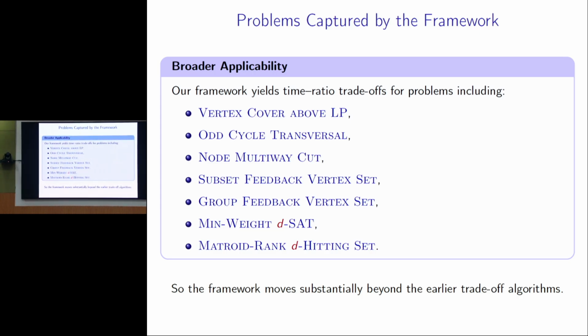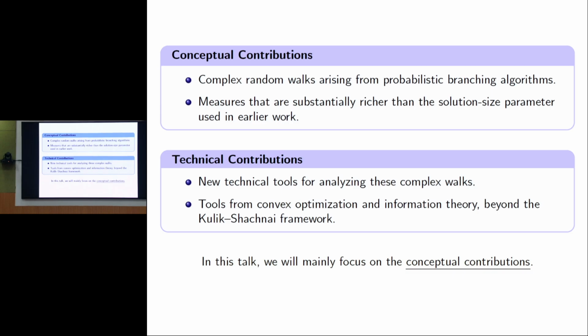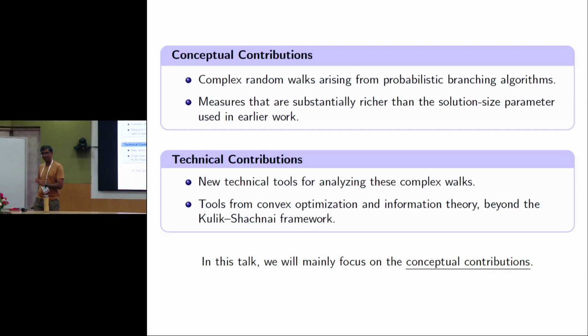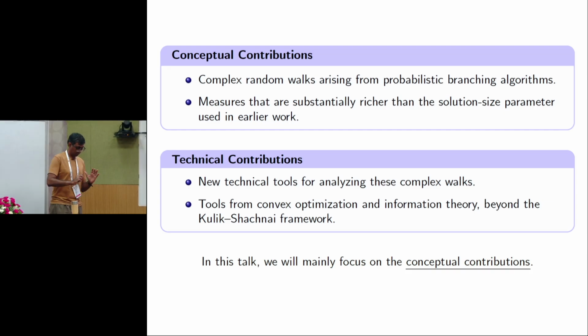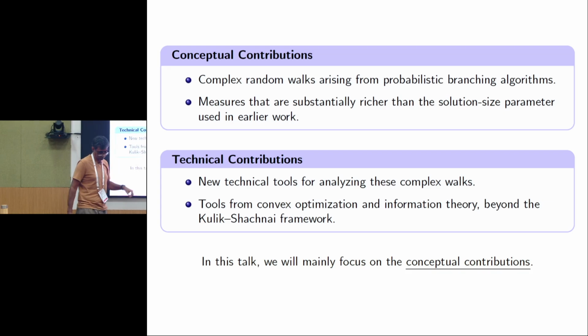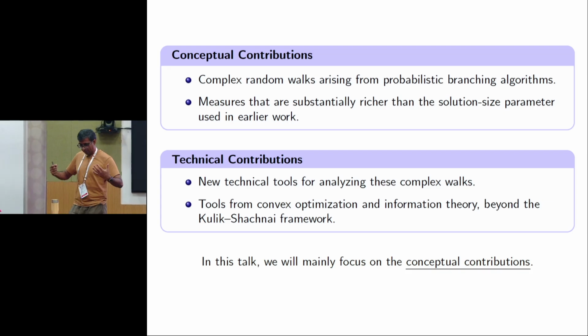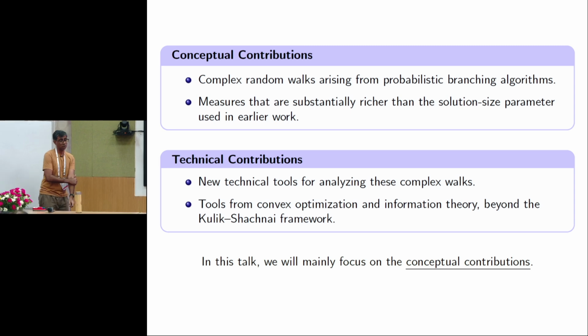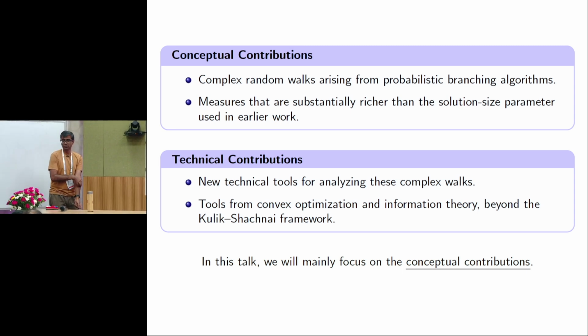Okay, so what is our conceptual contribution? Now we are able to develop meta-algorithms. For developing them, we had to go beyond the framework of these people, by coming up with complex random walks, some of which are quite counterintuitive, yet even those can be used to design good algorithms, and I will tell you what I mean by counterintuitive.